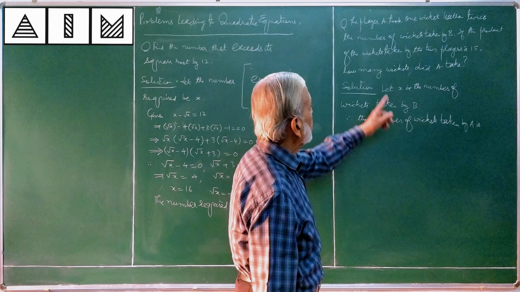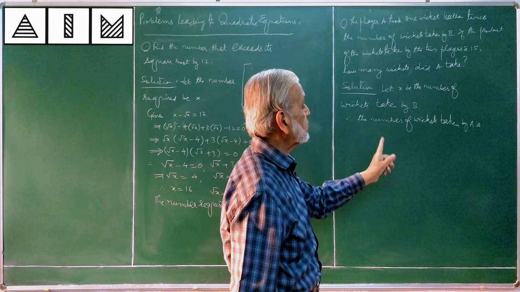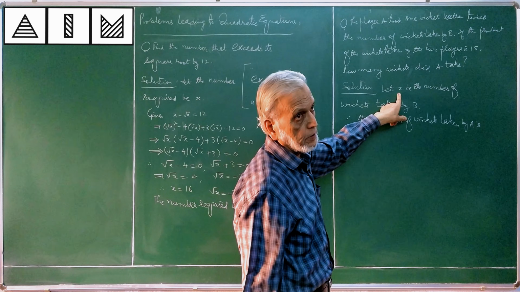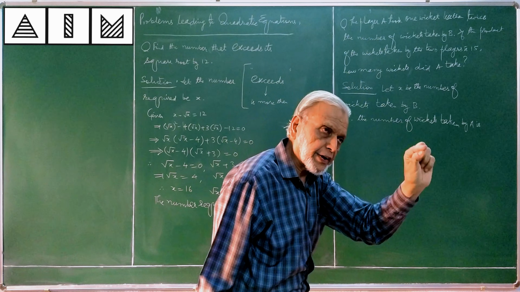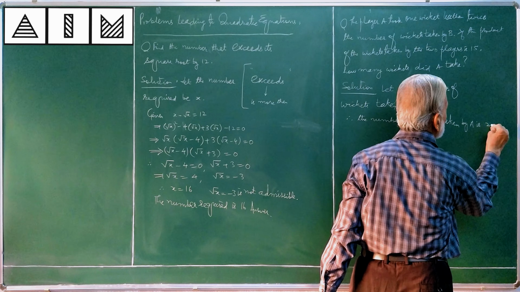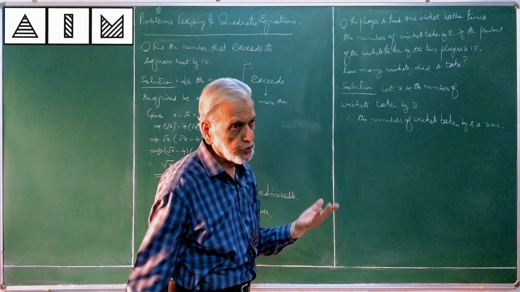Read the question: A took 1 wicket less than twice the wickets taken by B. B took x wickets. So A took 1 wicket less than twice this. Understand the language of the question once again.